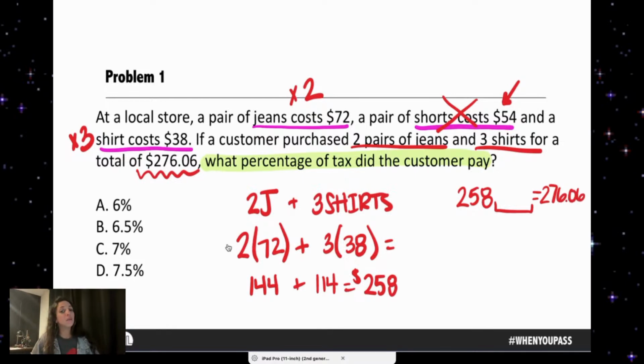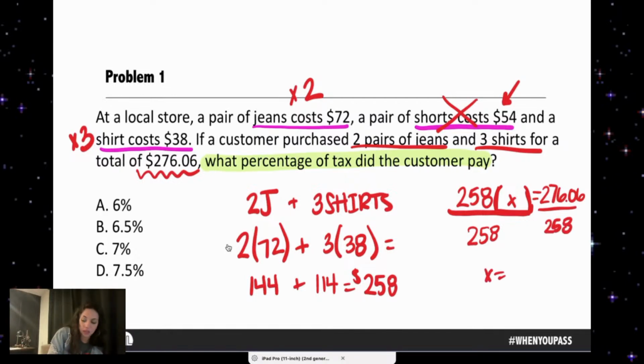So typically when we do tax, if I'm trying to figure out the total, I multiply this number by the percentage of that tax to figure out how much tax I'm paying. So let's explore dividing both sides by 258 and see what it gives us.